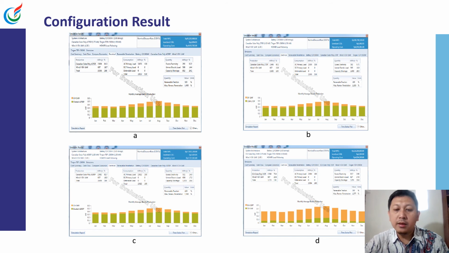And then figure D shows the electricity production generated from PV is 2,568 kilowatt hours per year and from wind turbine is 667 kilowatt hours per year, and the total electricity production generated is 3,235 kilowatt hours per year.